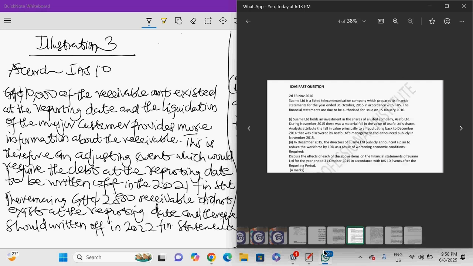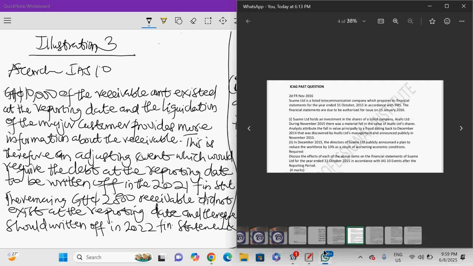Did we have any worsening economic conditions in the prior period? No evidence existed. Hence, it is a non-adjusting event.